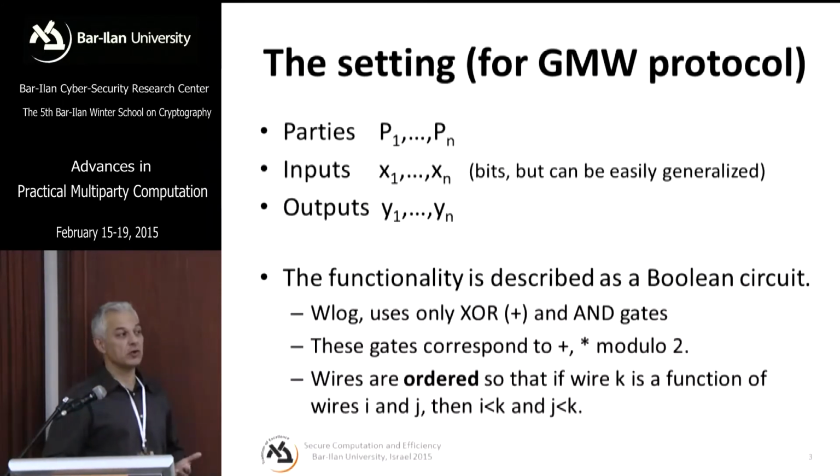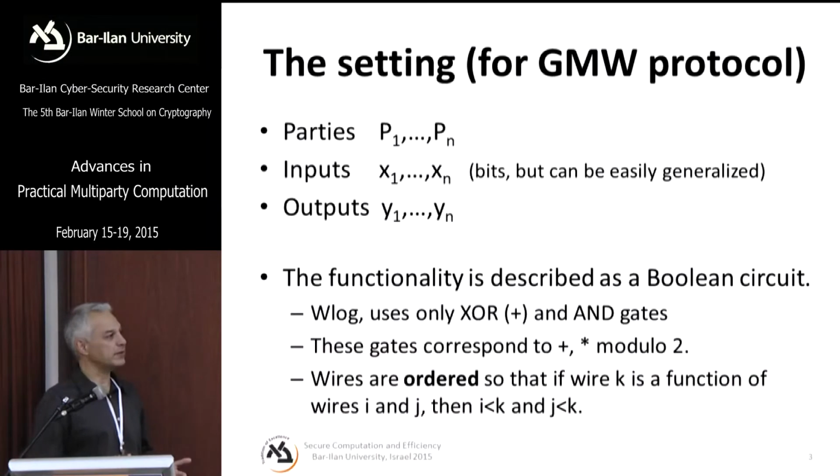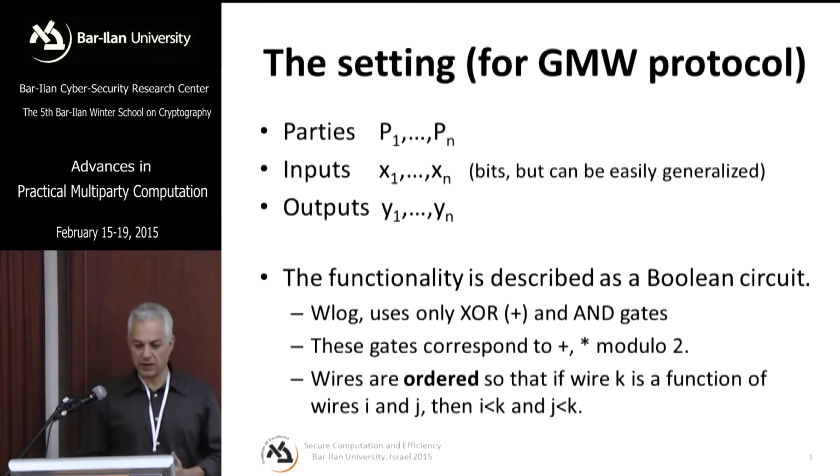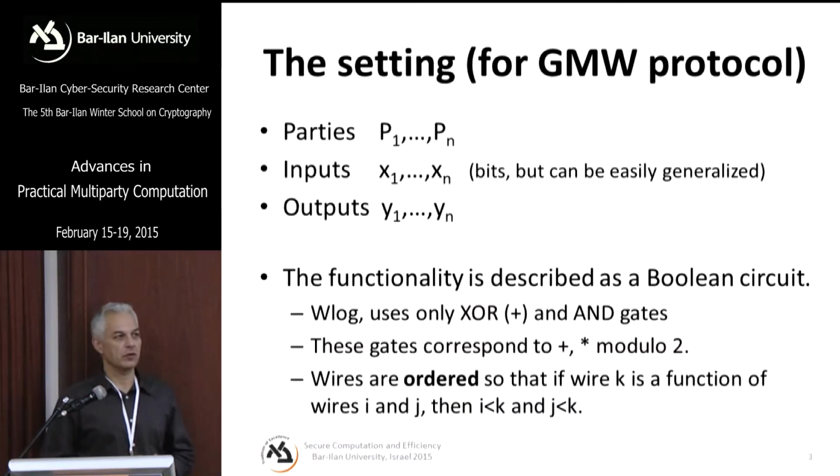With addition modulo 2, we can compute the negation. If we XOR a bit with 1, we get the negation of that bit. So if we have addition and negation, we have a complete set of gates. We can compute any function. So if we can solve the secure computation problem for these two gates, we can compute any function that we need to compute.